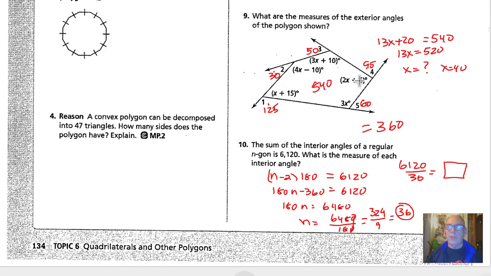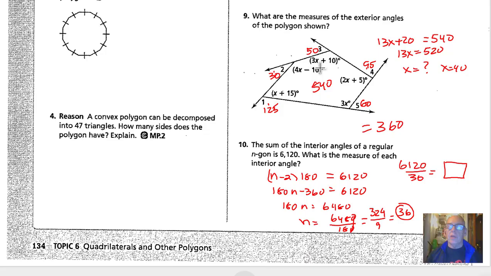And if we add up all the x's and simplify, we end up with 13 x's plus 20 is equal to the 540. Take away 20 from both sides, divide by 13, we get x is equal to 40. So x is equal to 40.